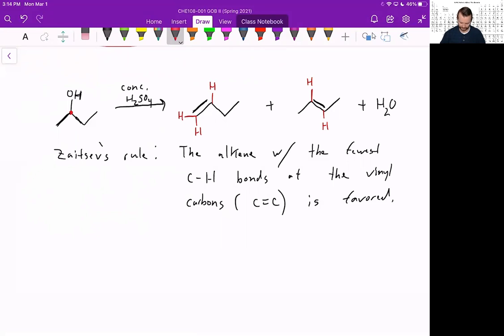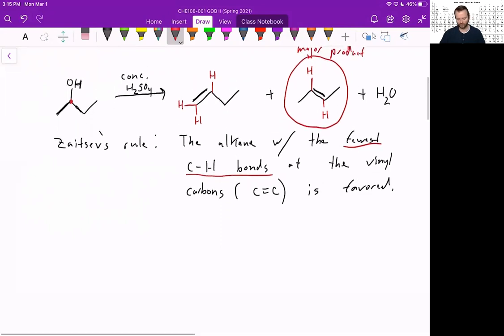So that is the major product of the reaction, since there are fewer carbon-hydrogen bonds.